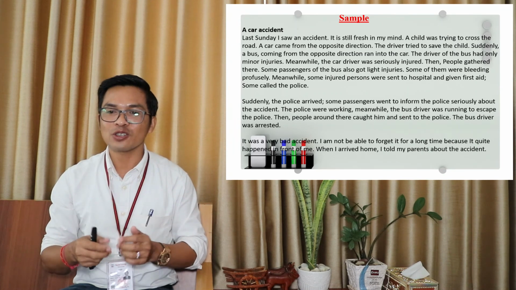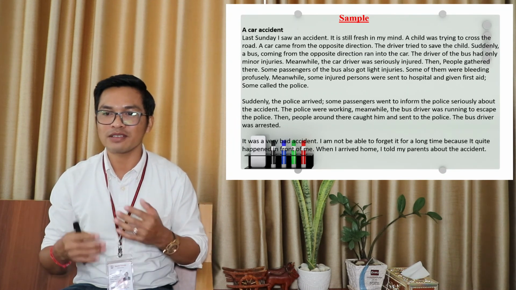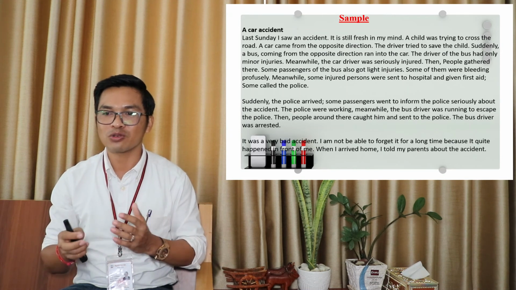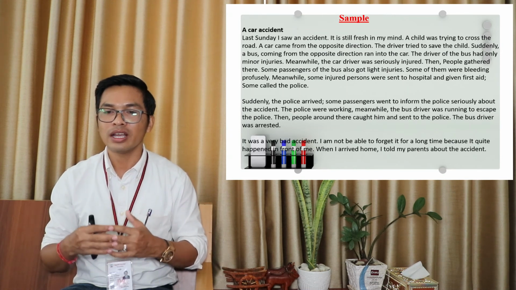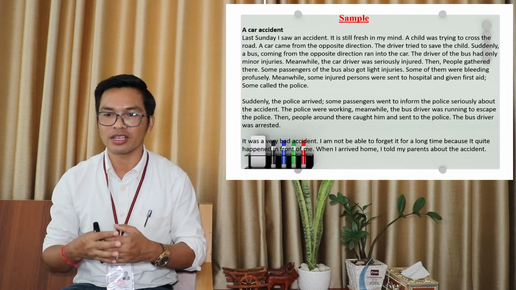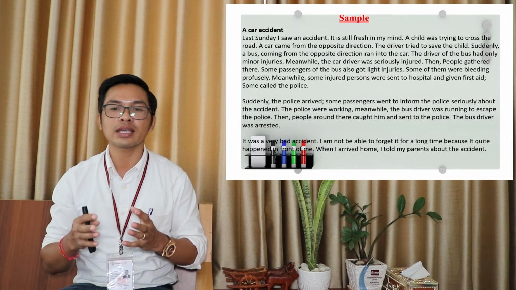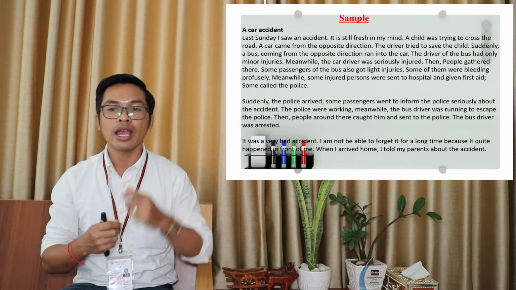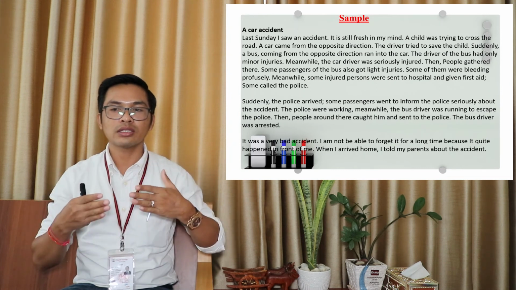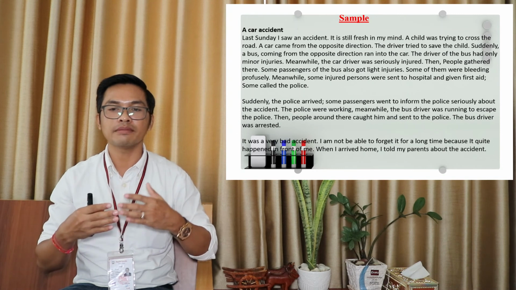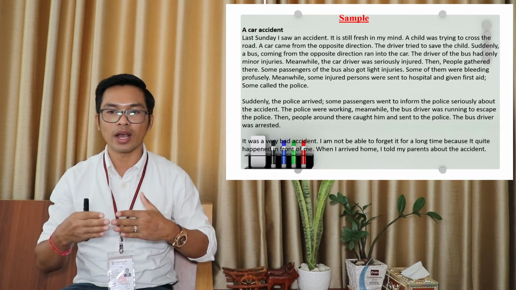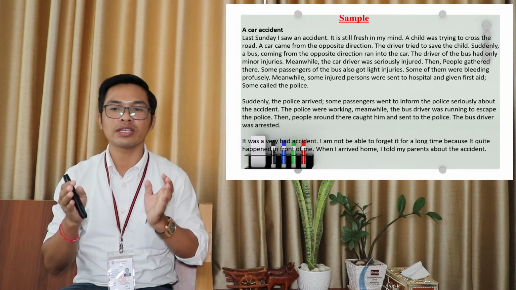Last Saturday I saw an accident. It was still fresh in my mind. A child was running across the road. A car came from the opposite direction. The driver tried to save the child. Suddenly, a bus coming from the opposite direction ran into the car. The driver of the bus had only minor injuries. Meanwhile, the car driver was seriously injured.